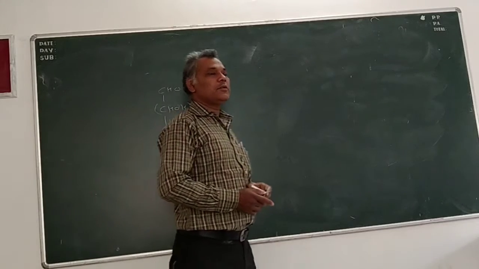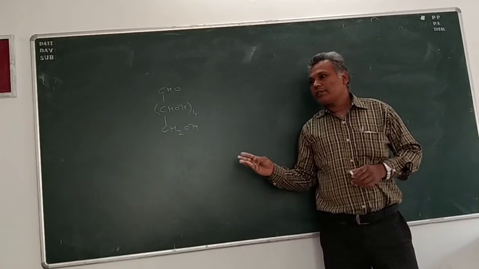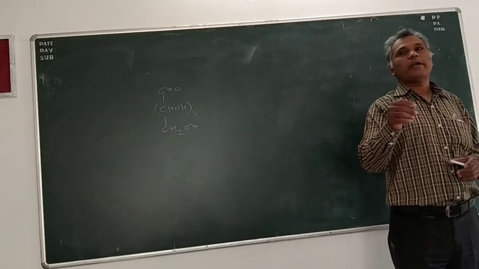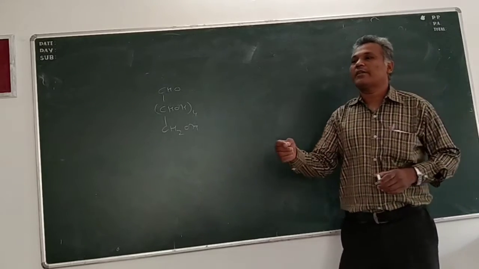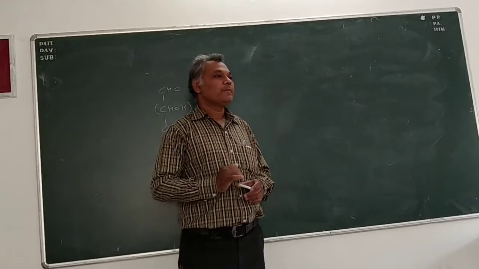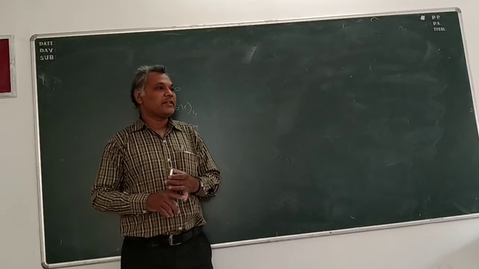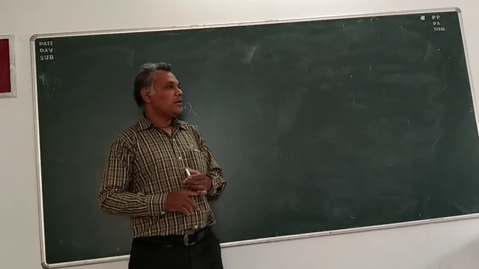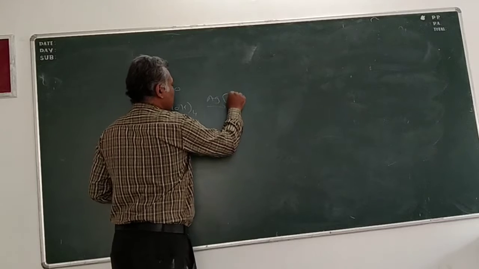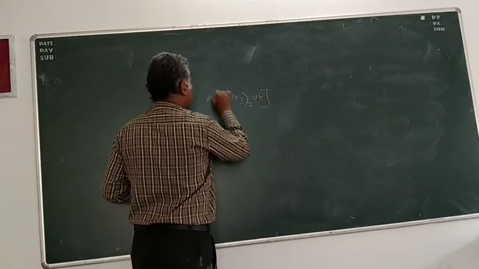Which are the tests? Again in chapter number 12, Tollens test and Fehling test are given by aldehydes, not by ketones, not by carboxylic acids, not by esters, neither by amides. This particular test is given by whom? Only aldehyde, CHO group. Tollens test and Fehling test are given by only aldehyde. So particularly what we will do is use Ag(NH3)2OH.